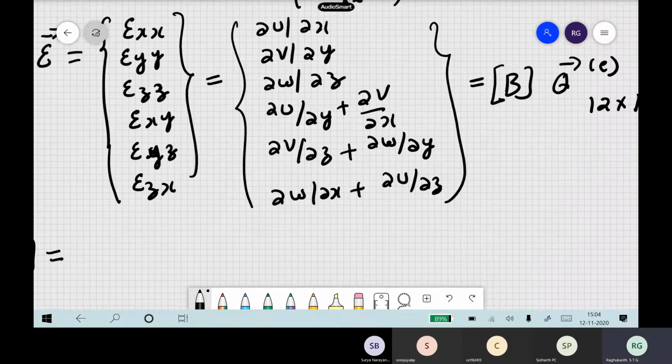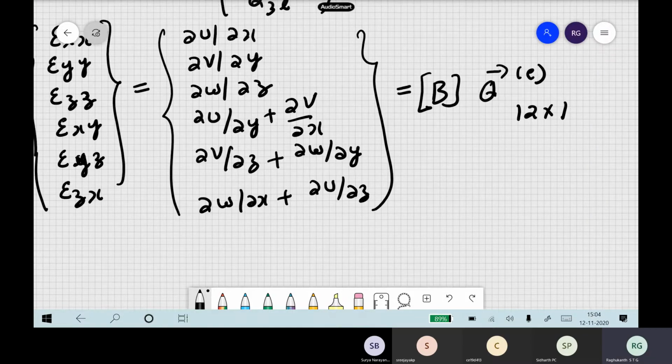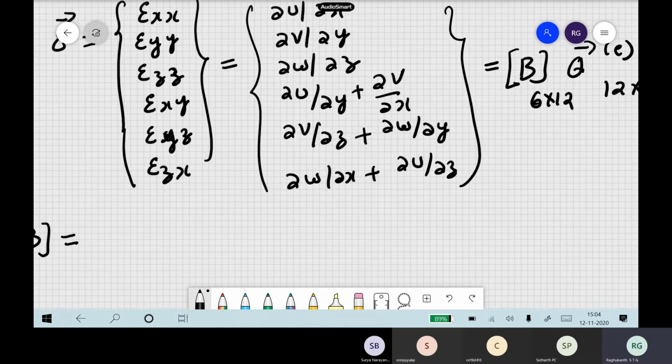See how many strains are there here? 6 strains are there. And how many nodes are there? The degrees of freedom at each node we are having is 3. So 4 nodes are there, 4 3s are 12. So this matrix size will be 6 by 12. So you can write in terms of the shape functions and calculate.